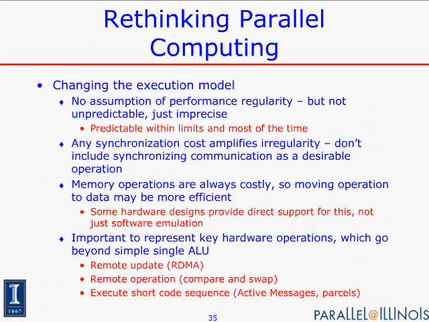That's because most programmers are using an execution model that is not an accurate reflection of what the hardware can do. So for example, change to an execution model that no longer makes assumptions of performance regularity. There may be limits to the variability, but perfect predictability is something that you may not have. So make that part of your execution model.